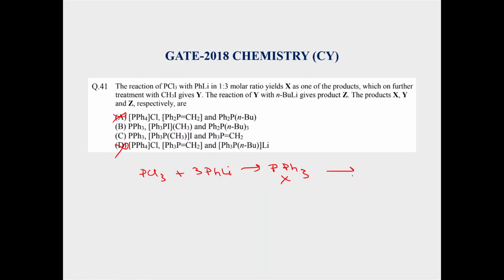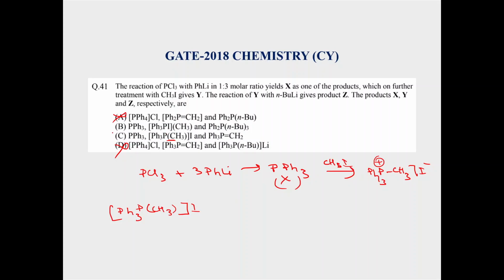And then further treatment with CH3I, so here CH3I means PPh3 plus CH3 and I minus. So this can be written as PPh3CH3 I, right?